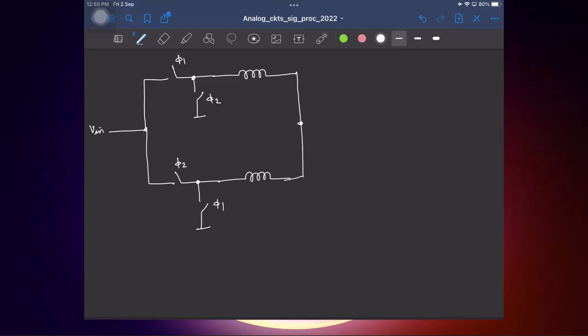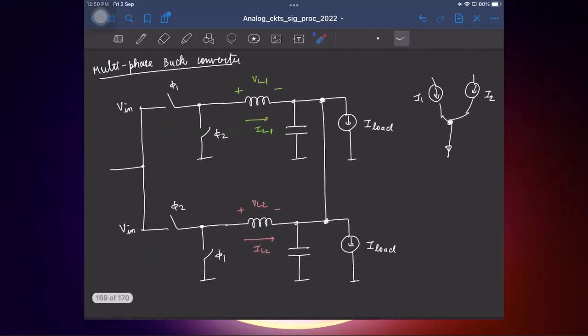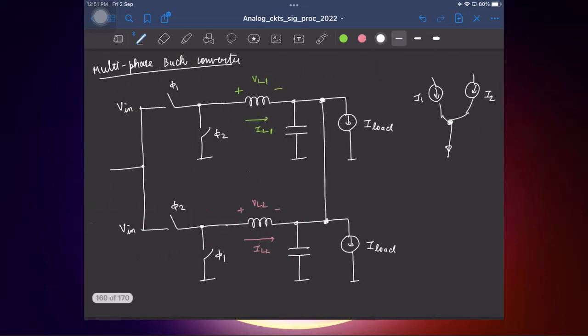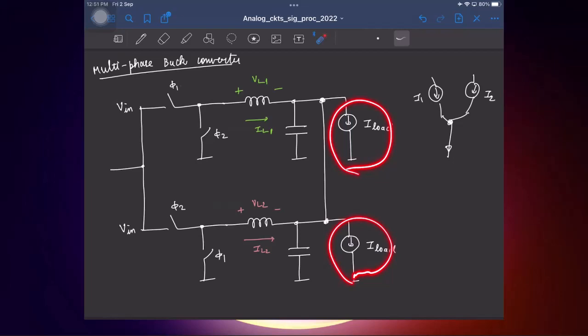And once I do it, you see the two capacitors come in parallel, so I will replace it by a single capacitor. So let's say it is some cap, and now you see that this two-phase buck converter can provide twice the amount of load current, right? Because these two currents come in parallel, so it's equivalent to a single current source of 2 times I load.